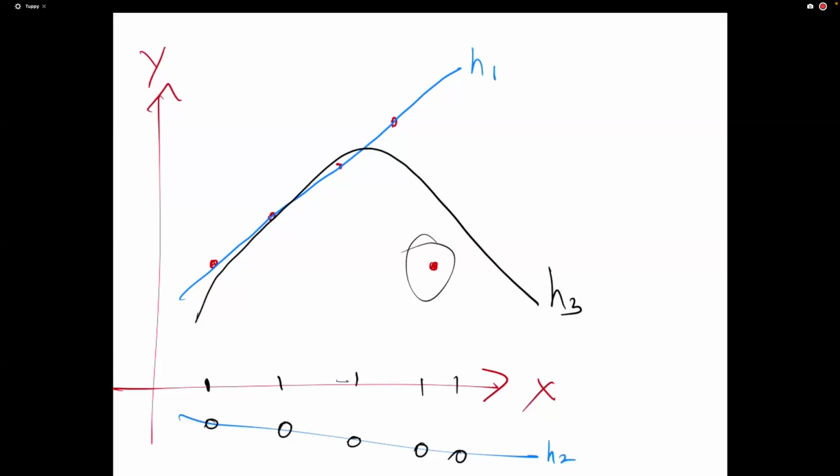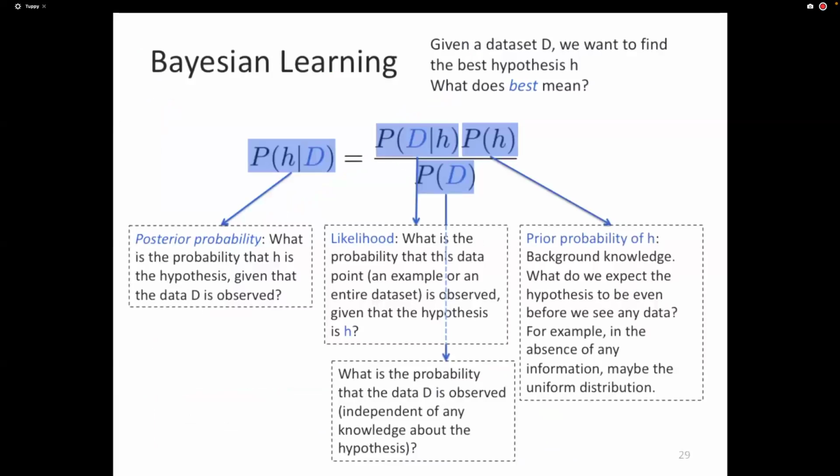Other questions? I thought there was another hand somewhere at the back. Basically, I was just talking about the prior. The prior allows you to impose preferences that are independent of the data, independent of any observation.